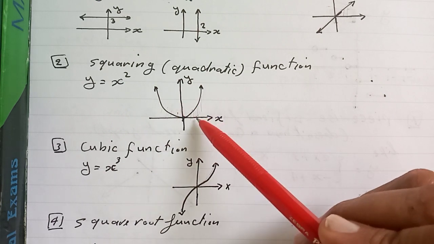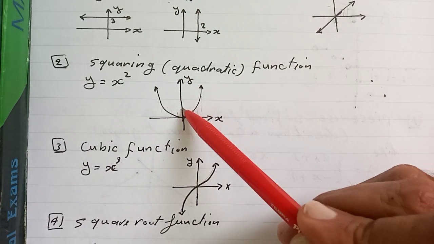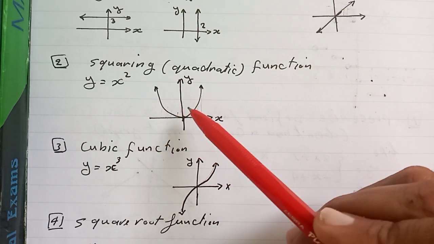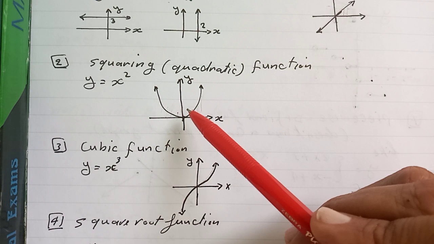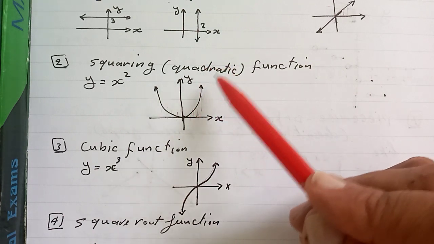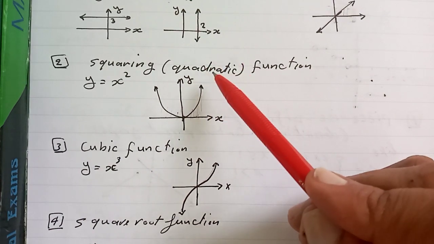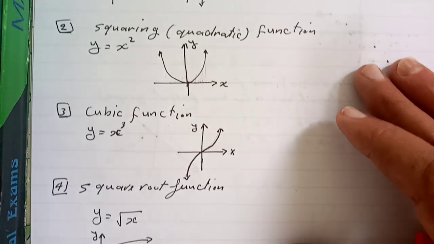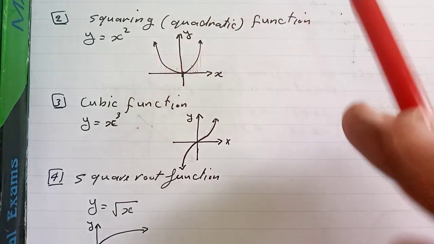Because when you put x equals 5, you will get y equals 25. When you put x equals negative 5, you will find y equals 25. That means f(negative x) equals f(x). This is the even function, and it is symmetric around the y-axis.